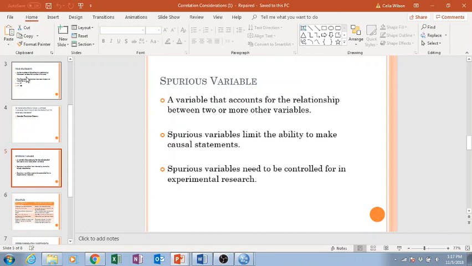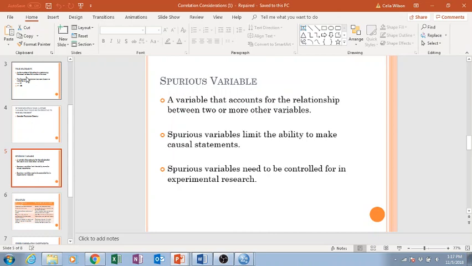So anyway, all that to say, Classroom A had the special education cluster, Classroom B had the GT cluster. So that's a spurious variable or variables that impacted the outcome that the researcher found.